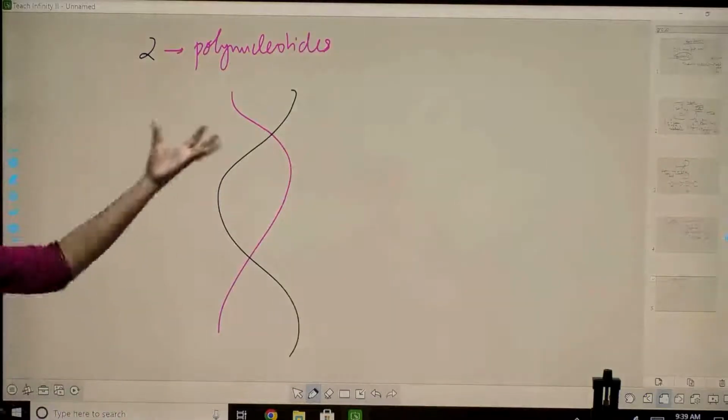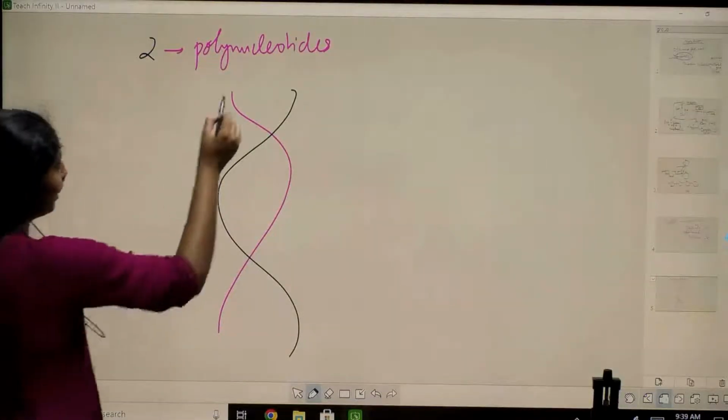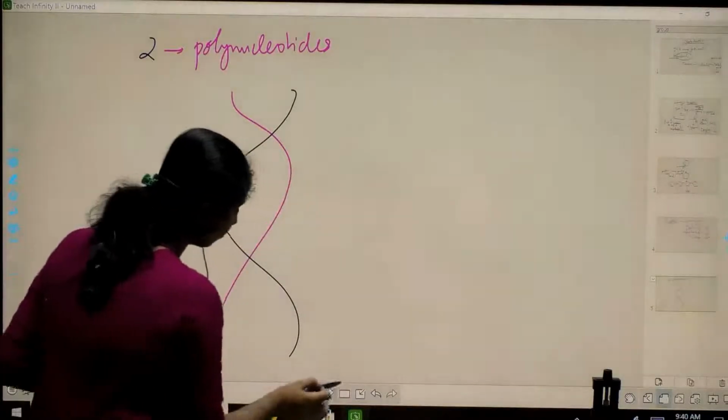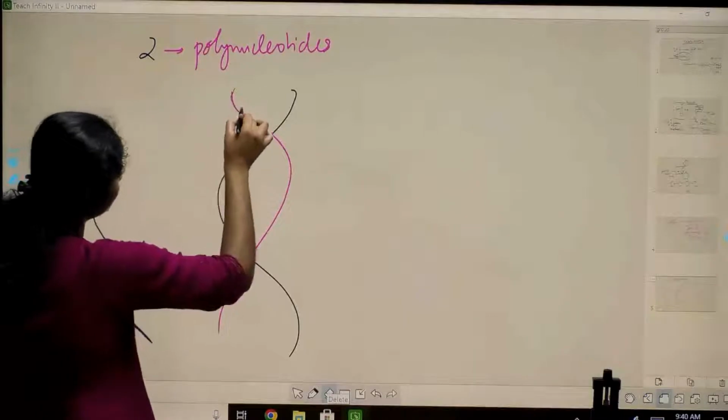So what is this double helix structure made of? Now each polynucleotide chain of this double helix is actually composed of sugar and phosphate groups.